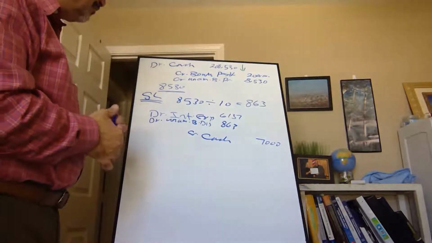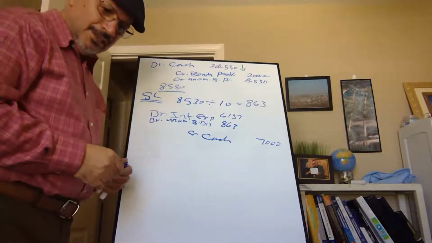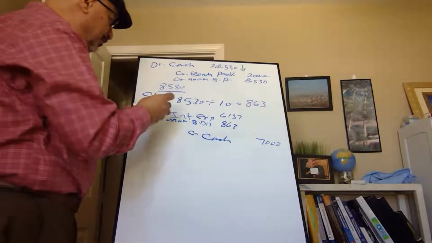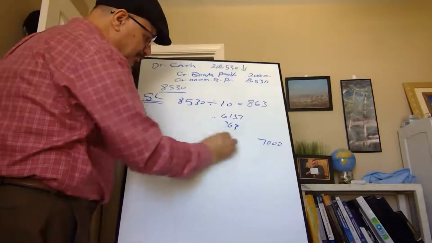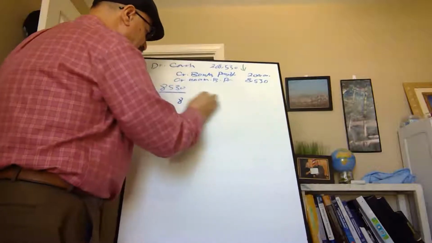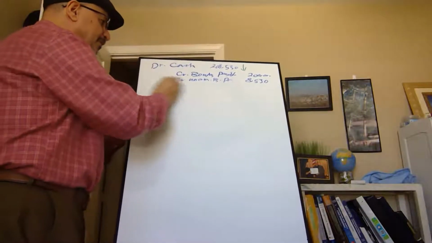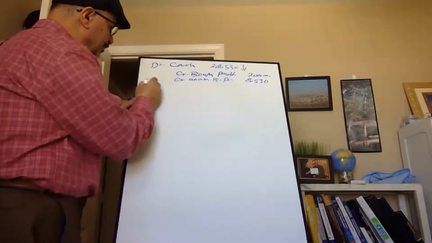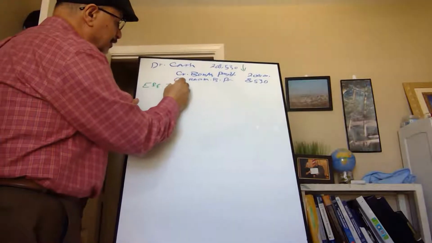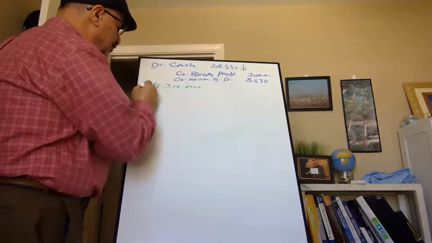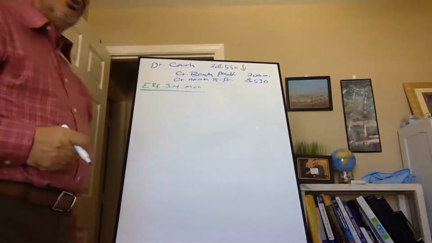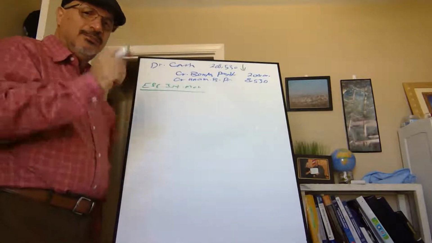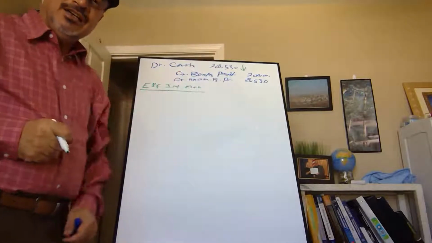Okay. Now let's do the effective interest, amortizing using the effective interest method. Again, you do the same journal entry as with the straight line method. The reason why it's called effective interest is because, like we said with the discount, we use the effective interest rate or the market interest rate to figure out the interest expense.